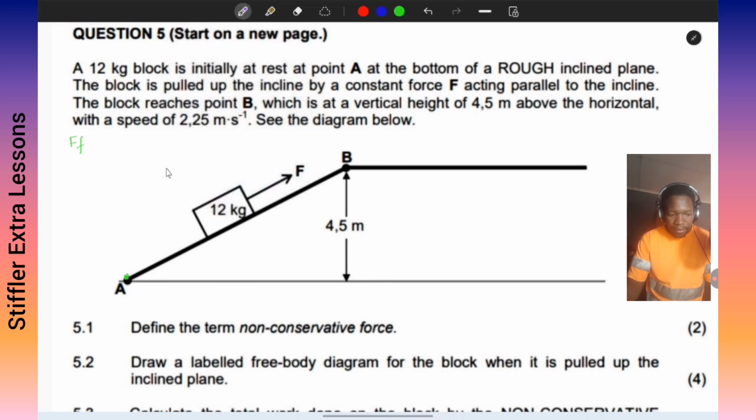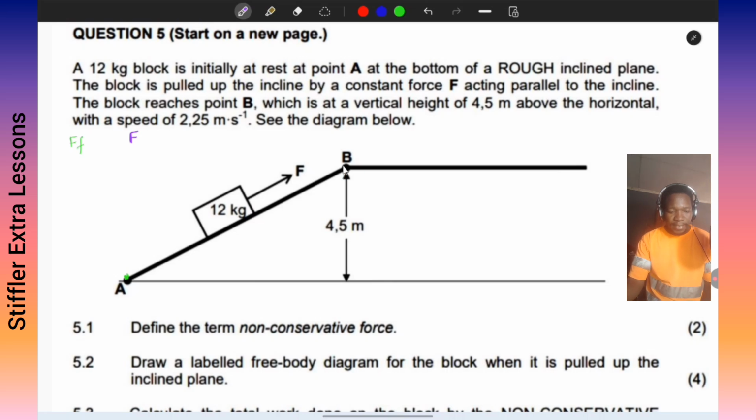And the block is pulled up the incline by a constant force. So we also have a force that is constant. What do they mean by the constant force? They just mean that the force is not changing, the force is remaining the same. Acting parallel to the incline, the block reaches point B, which is at a vertical height of 4.5 meters.